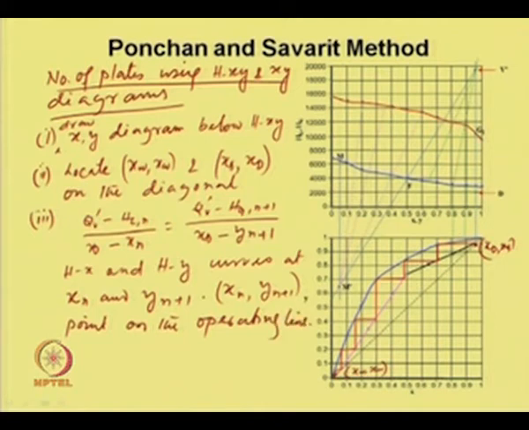If we draw several lines starting from point V dash, and if we draw the line starting from XD, XD, we obtain several points on the operating line, and we could join all these points and we will obtain the operating line for the enriching section.